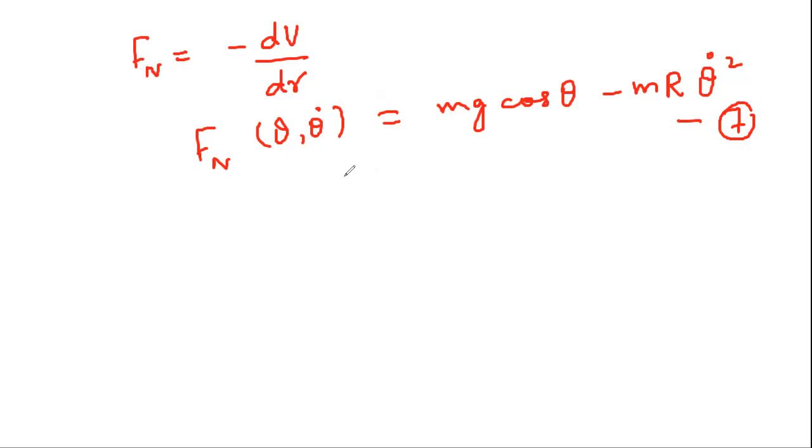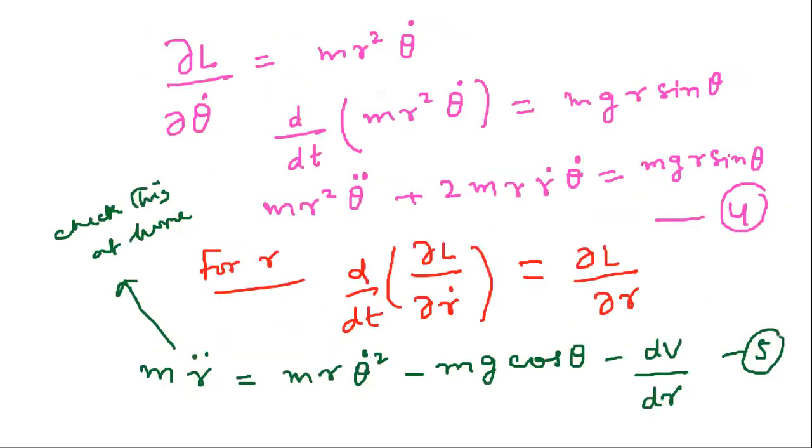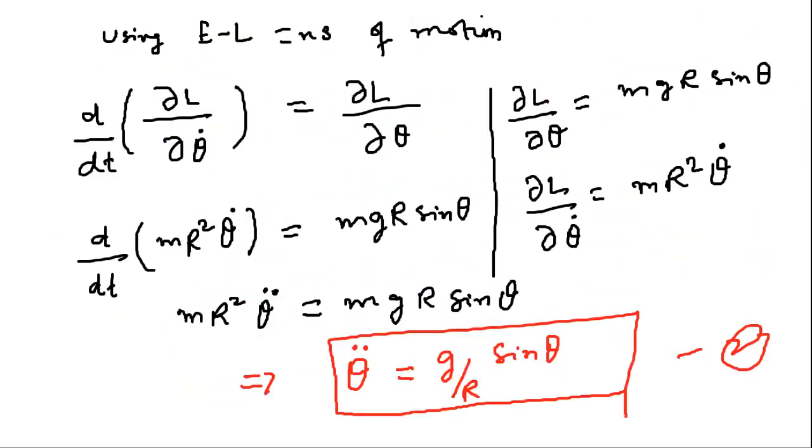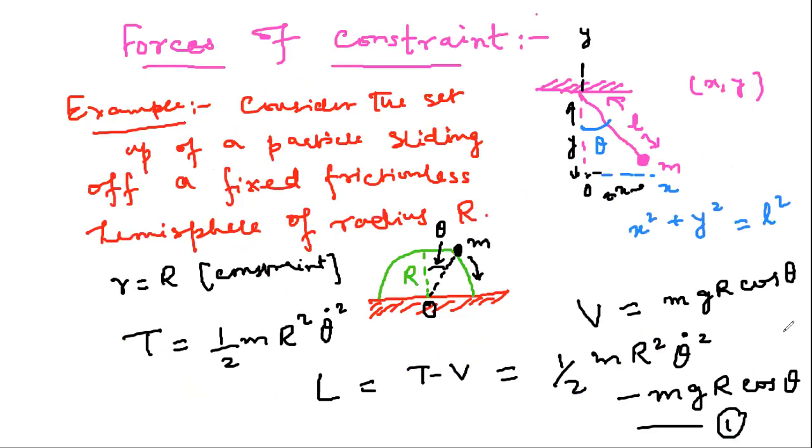Now, I hope the method is clear to you. See, what is the method? You can apply the same method to constraints of other kinds. We first considered the motion of this mass along the hemisphere, and we applied the constraint at the outset, at the start.